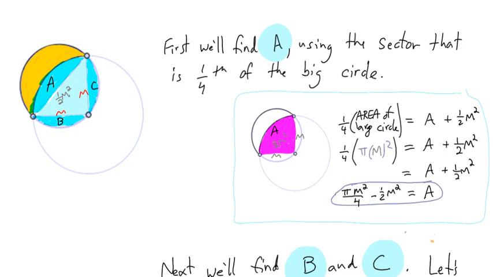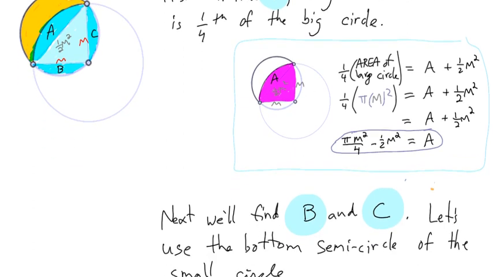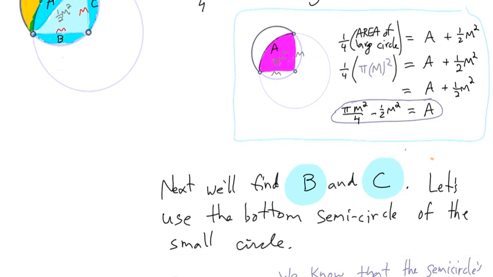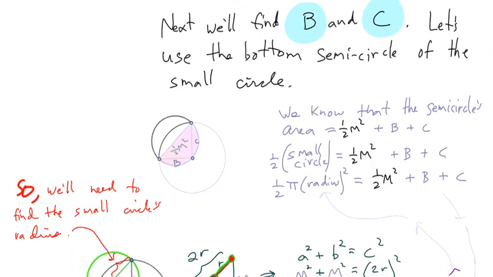First, we'll begin with A. We'll use the sector of the large circle, which is 1/4 of the large circle. And the math that follows here is exactly what we did before, except with variable expressions. So there's the area of region A. Region B and C, we'll find the same way.